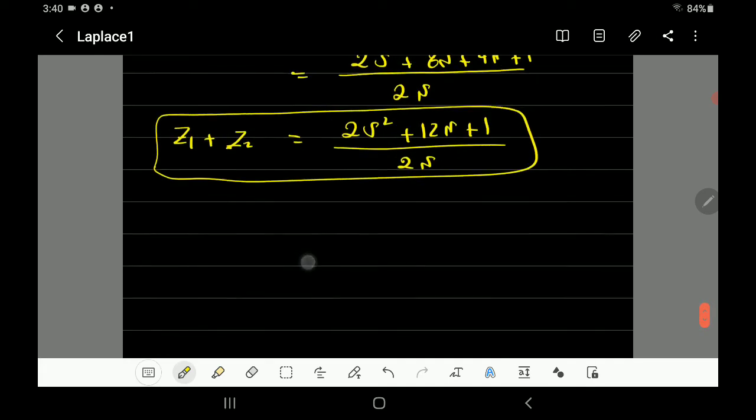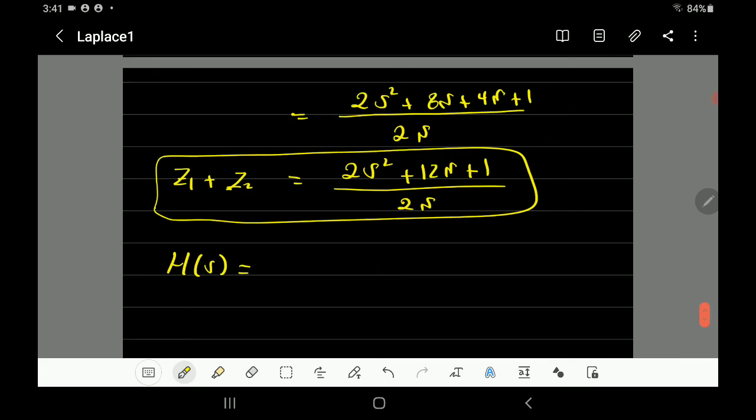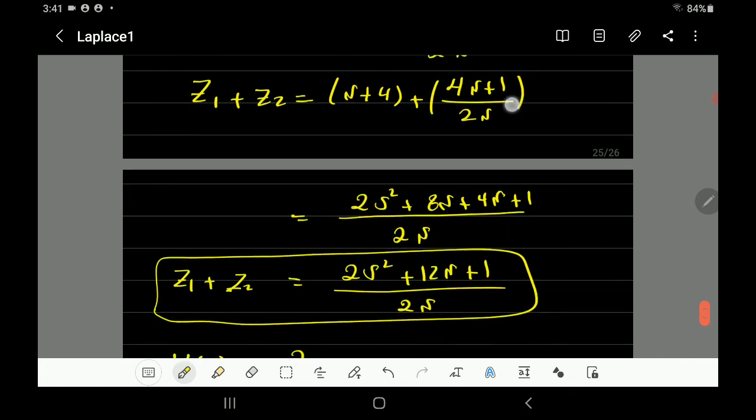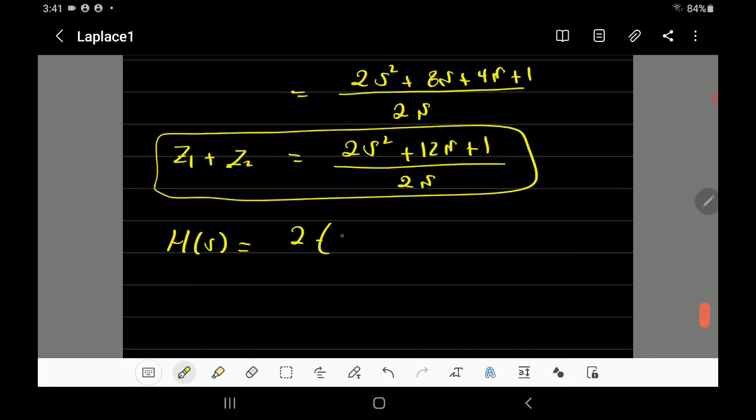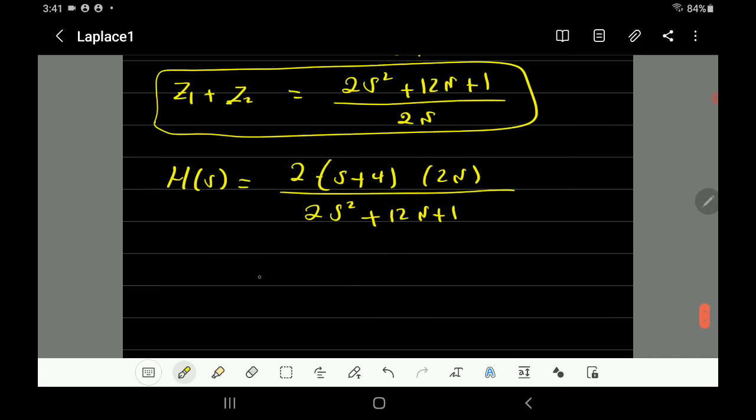H(s) is equal to 2 times Z1, that is s plus 4, divided by Z1 plus Z2, which we have here: 2s squared plus 12s plus 1, divided by 2s, so we'll have 2s on the top here. Almost done.